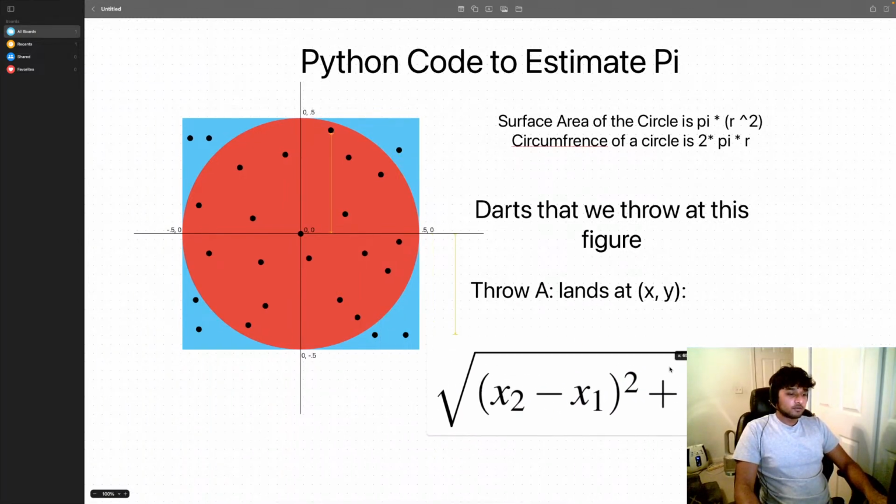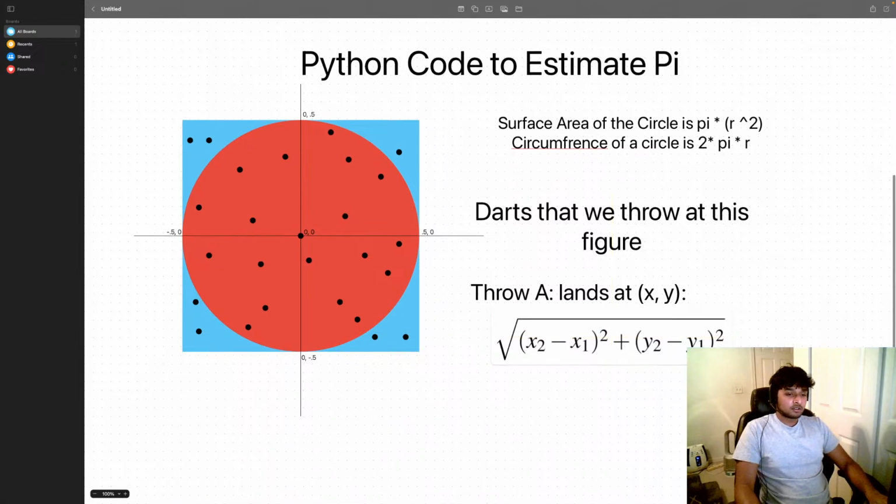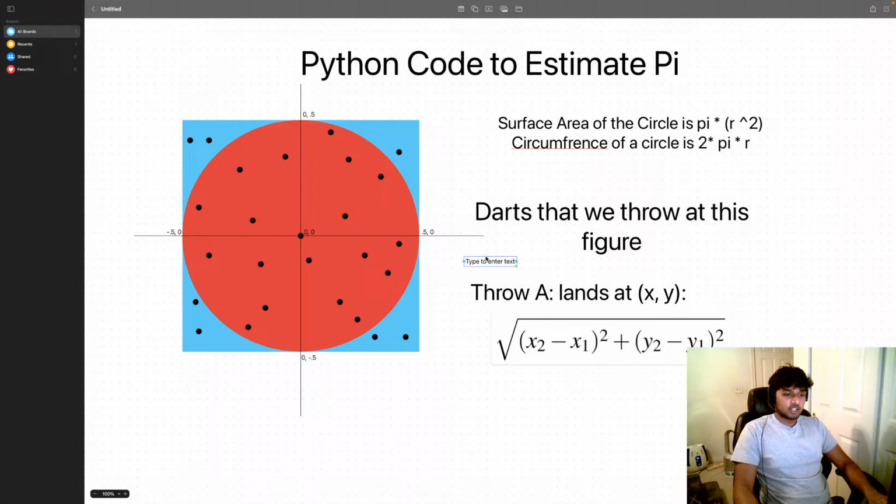Beautiful. Thank you, freeform. We have the distance formula here, and what we're going to do with it is find the distance from the origin, which is 0, 0 here. How much time are we at? We are doing pretty good on time. Given this explanation, we're just going to have to give enough time for the decoding part.